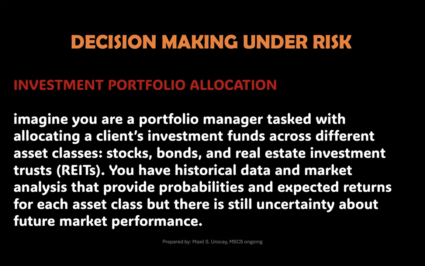You are allocating a client's investment funds across different asset classes: stocks, bonds, and real estate investment trusts, or REITs. You have historical data and market analysis as well, which provide probabilities and expected returns for each asset class, but there is still uncertainty about future market performance.